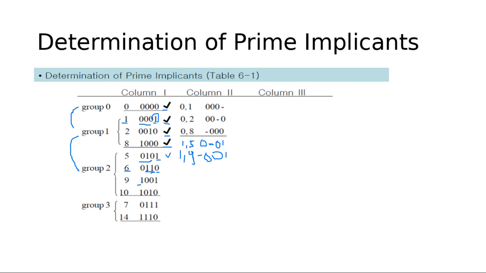And let's see 10. When we see 10, there is also a 3-bit change, right? We cannot group 1 and 13 because there are 2 changes. There cannot be any 1 change bits because there are already 2 differences between them.